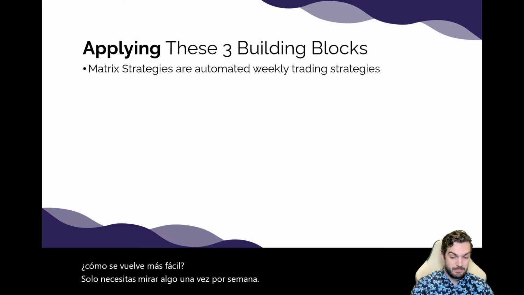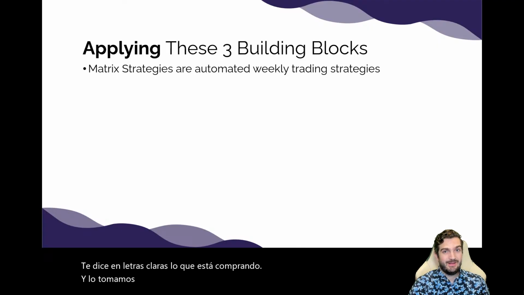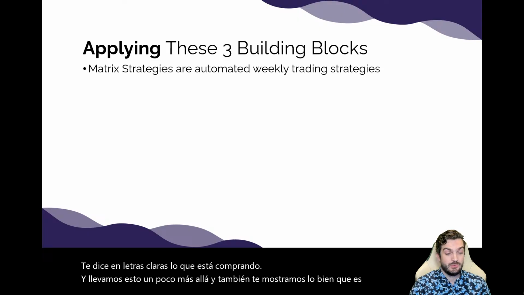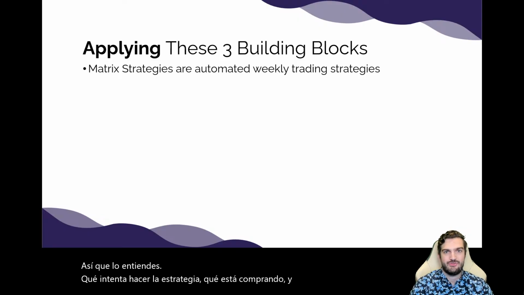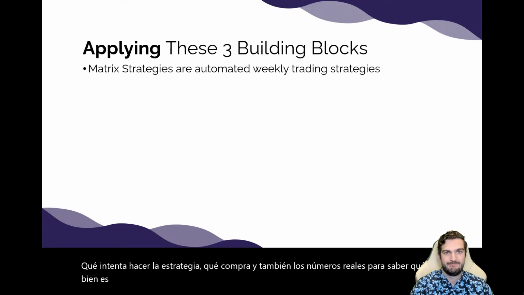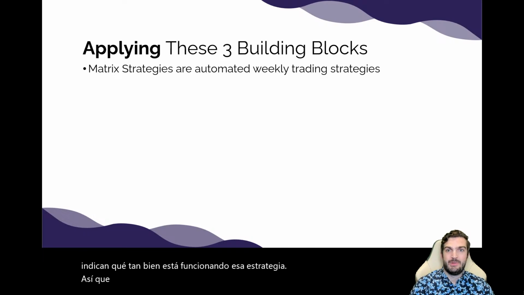It tells you in plain letters what it's buying, and we take it a little bit further, and we also show you how well that strategy is doing. So you understand what the strategy is trying to do, what it's buying, and also the real numbers to tell you how well that strategy is actually performing. So let's see how our three building blocks come together with matrix strategies.